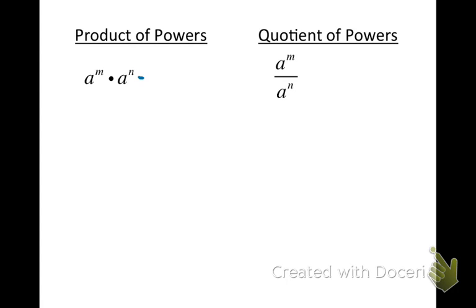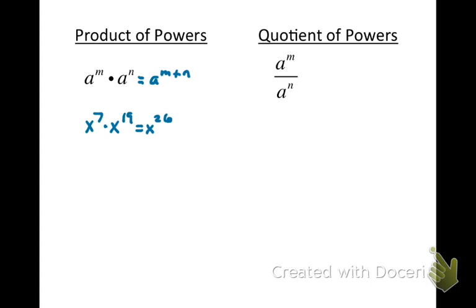So a to the m power times a to the n power would be equal to a to the m plus n power. Its simplest example could be something like x to the 7th times x to the 19th power is equal to x to the 26th power. Always add exponents when you multiply powers with the same base.